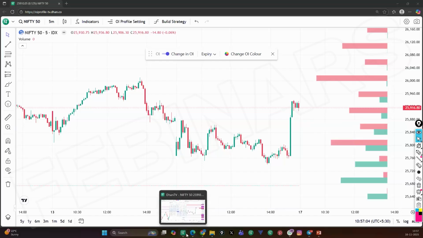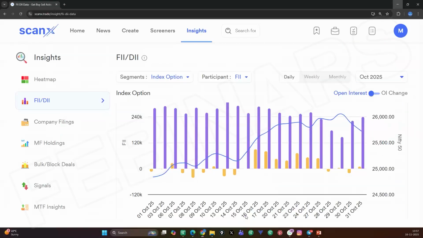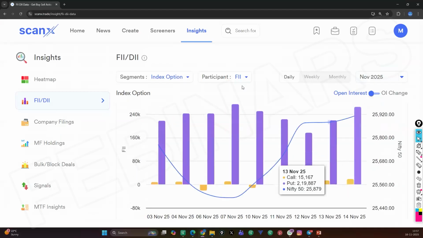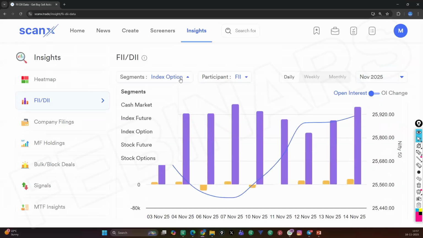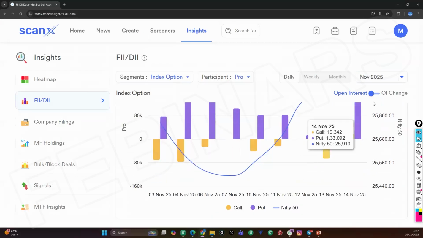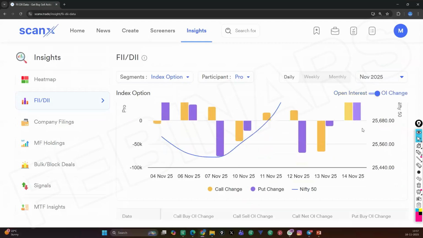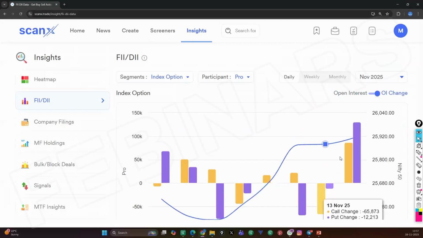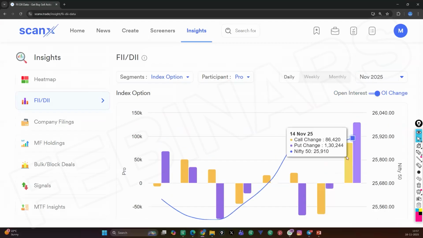See, by looking at the data itself, you will understand whether they are option buyers or option sellers. Look at this. On 13th November, they sold both call and put. On the 14th, what have they done?